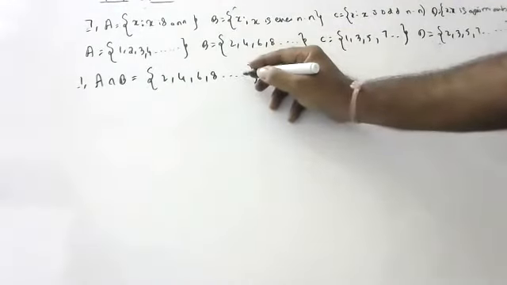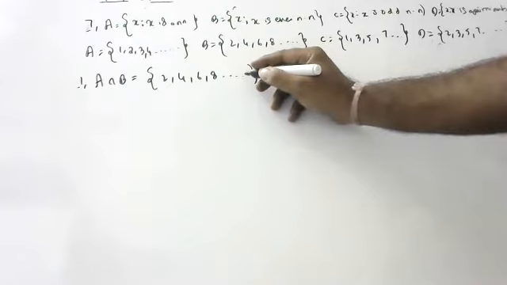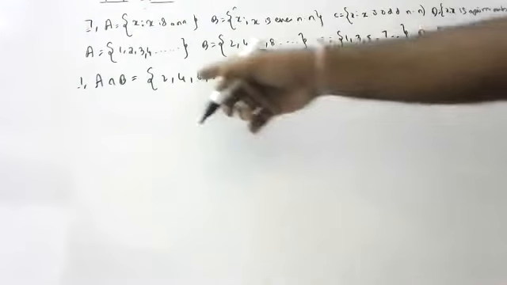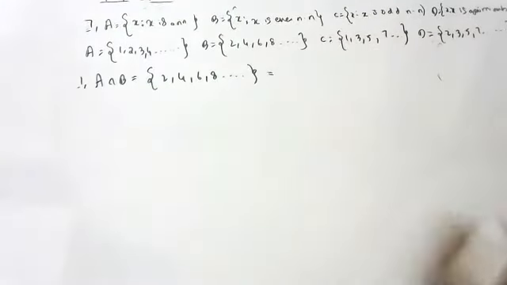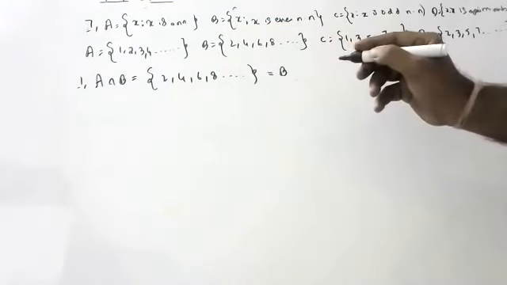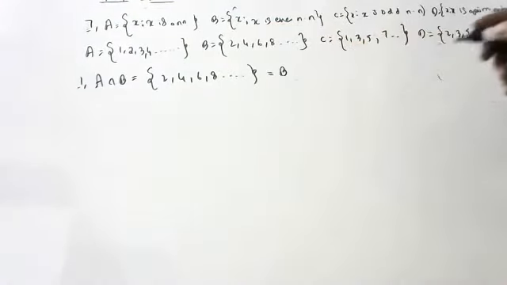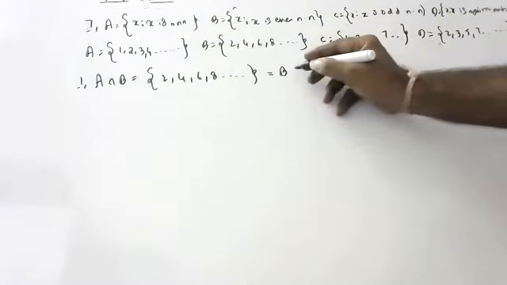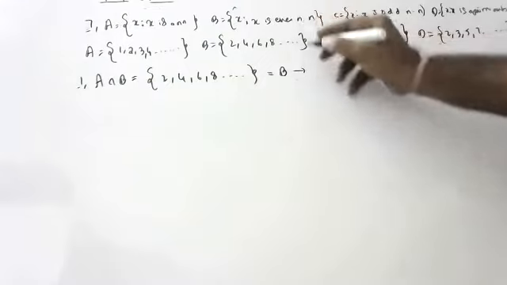When you observe this, what answer are you getting? You are getting B only. What is the set builder form for B? X such that x is an even natural number.